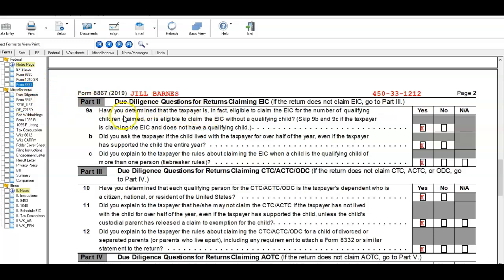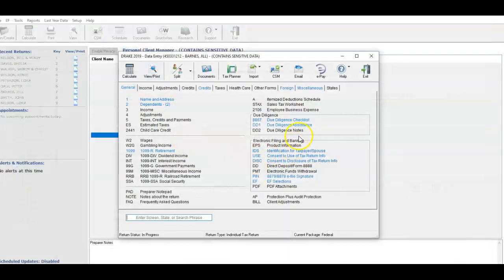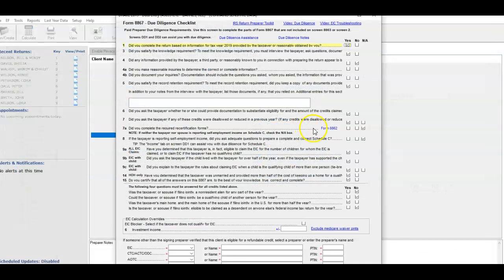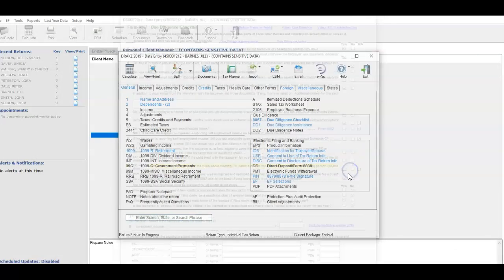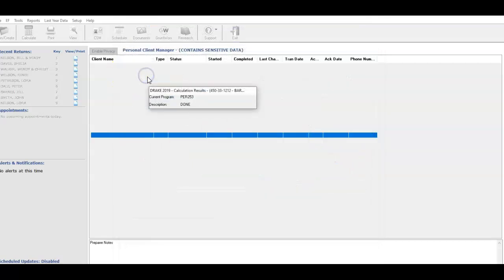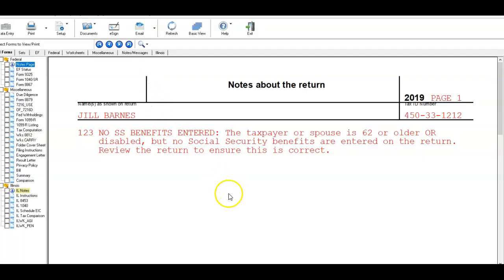So when they don't receive earned income credit, then these questions don't apply. So if we go back here to 8867 and see the note there, when they don't qualify for earned income credit, then those questions don't really apply to the fact they have dependents, and so you don't have to answer those.